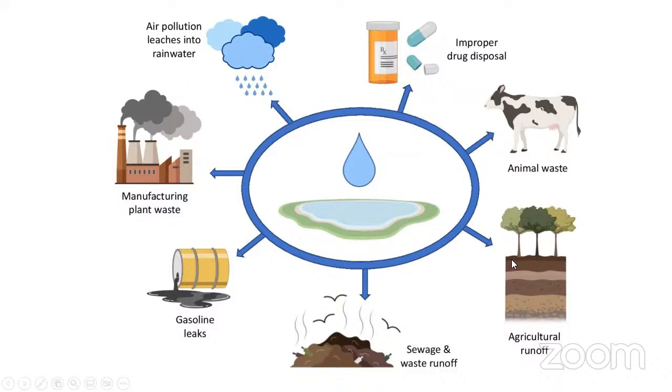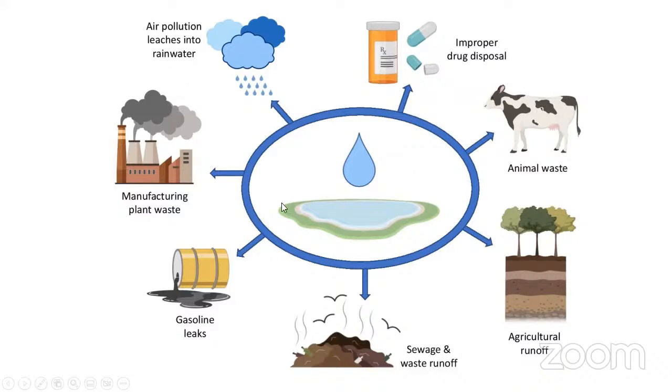And due to the agricultural runoff, pesticides and fertilizers may contaminate the groundwater quality, and sewage and waste runoff will also affect the groundwater quality. And here, gasoline leaks, gases and oils, and different types of trace elements coming from industries or other industrial waste and manufacturing plant waste may also affect the quality of the groundwater.